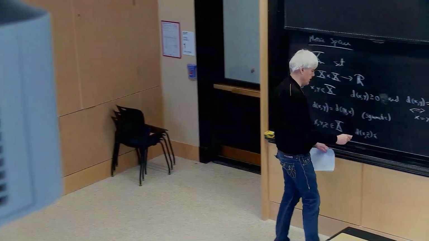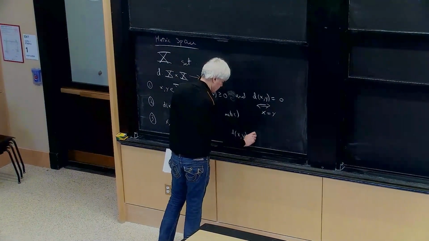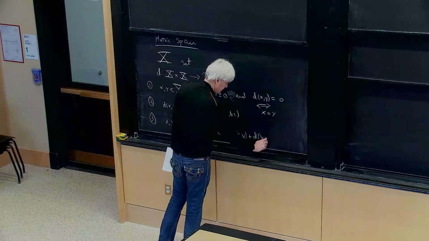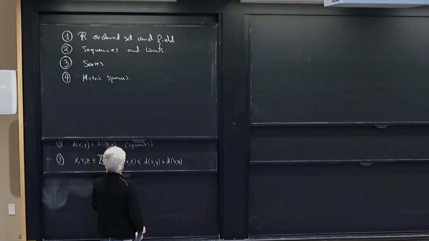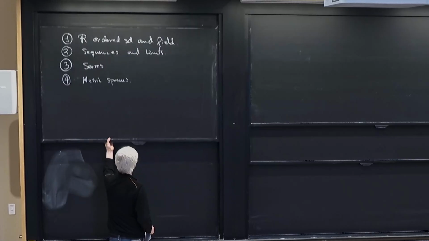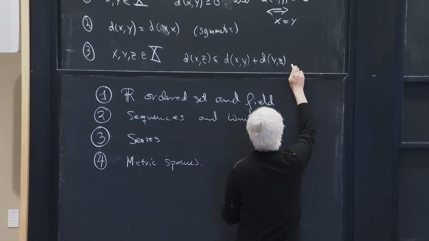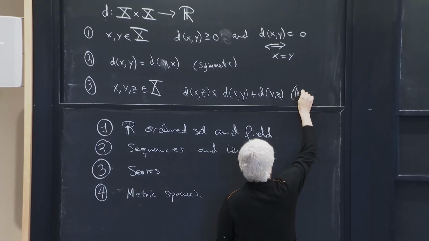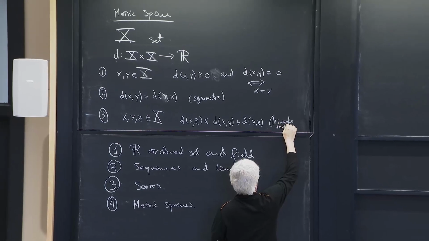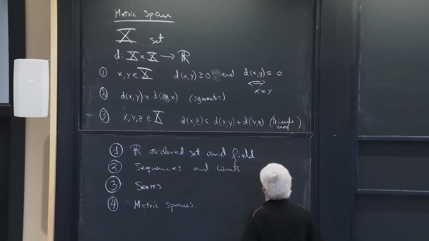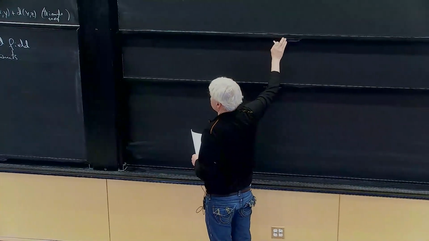So this should be less or equal to the distance from x to y plus the distance from y to z. And this third property here is what's called the triangle inequality. Okay. Now, that's what a metric space is.